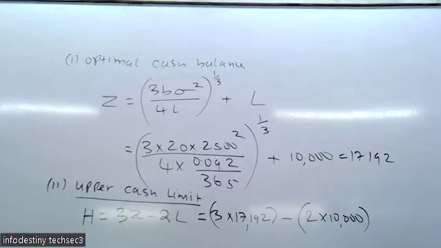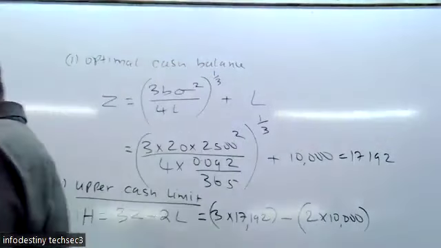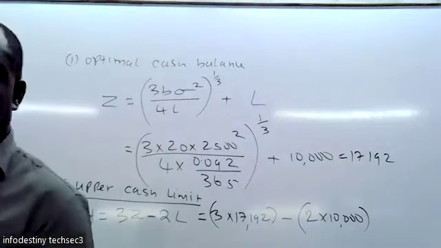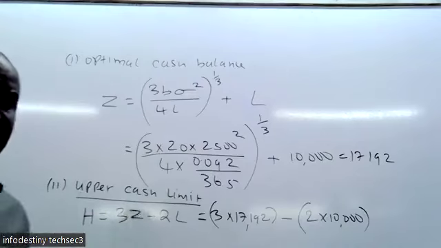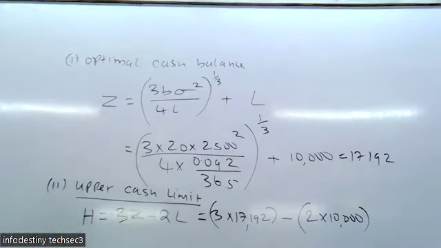After that, now we go to the Roman letter 3. Roman letter 3 is the average cash balance. We now go to the Roman letter 3 where we get the average cash balance.